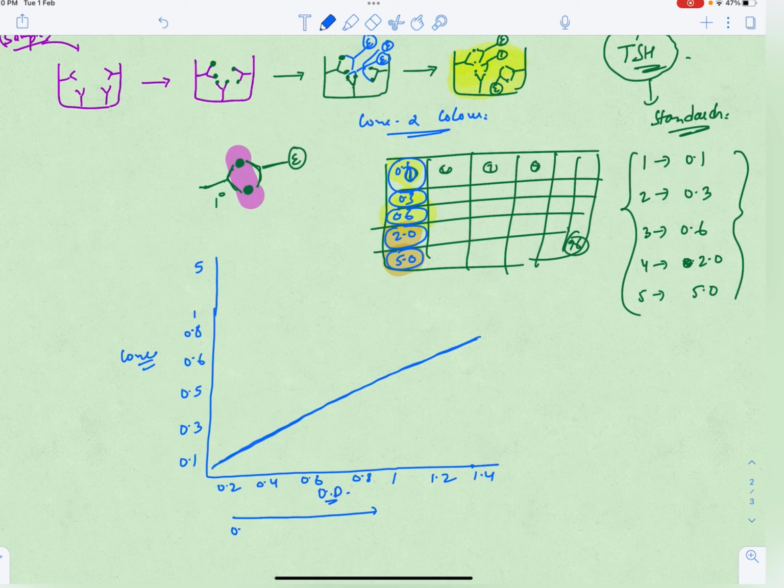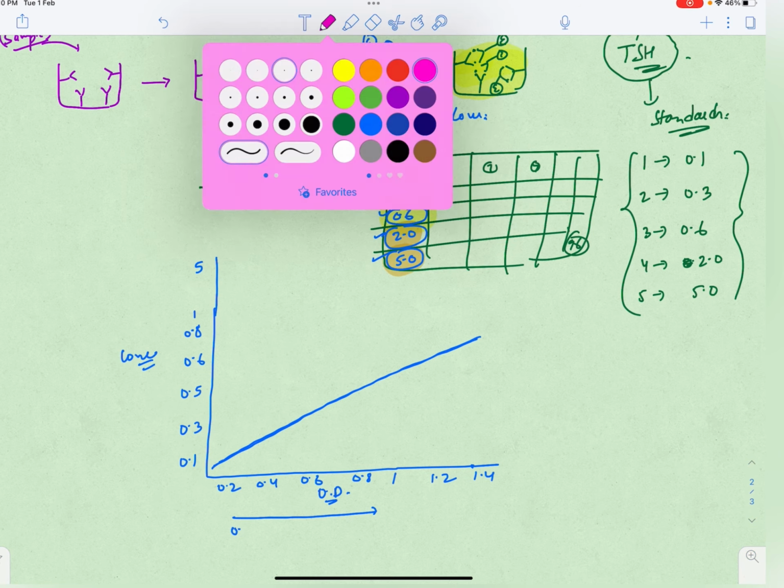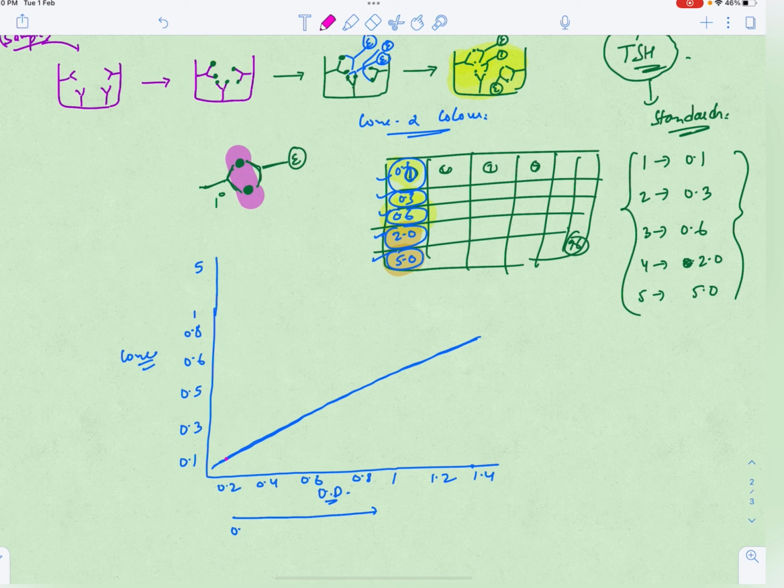On the basis of this type of graph, suppose we have taken 5 standards. In 0.1 concentration the OD is 0.2. In 0.3 concentration, suppose the OD is 0.5, so it would come somewhere like this. In 0.6 concentration, the OD is around 1.